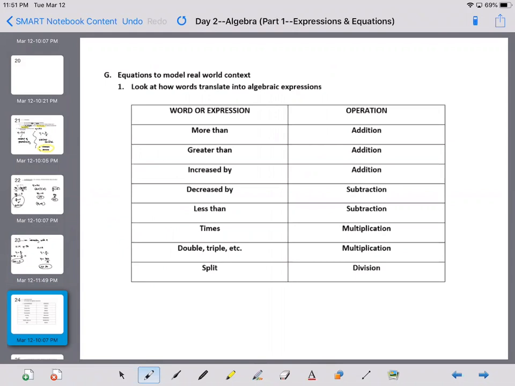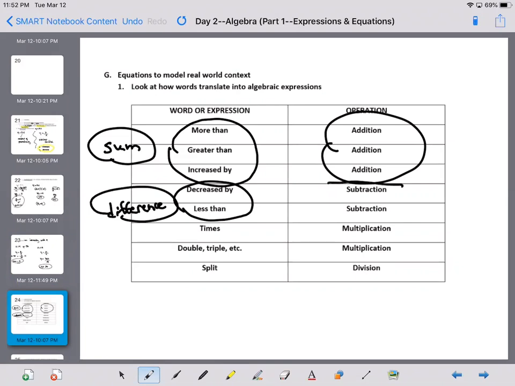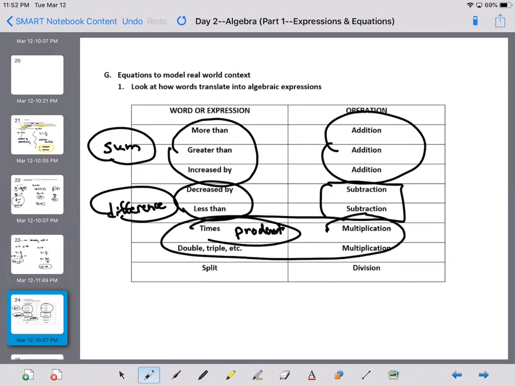So when you're thinking of more than or greater than or increased by or even sum, when we see the word sum, all of that dealing with addition, or decreased by or less than or difference, all of that representing subtraction, or multiply or product or times, those are all representing your multiplication, or double or triple, split, quotient, any of those would represent your division.